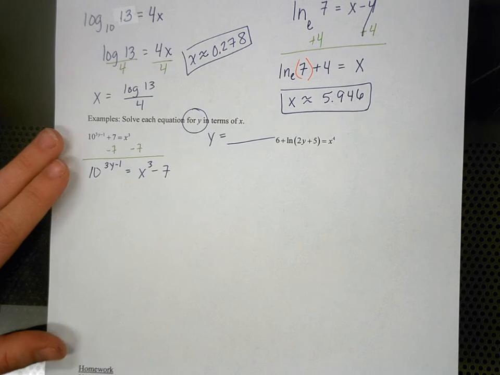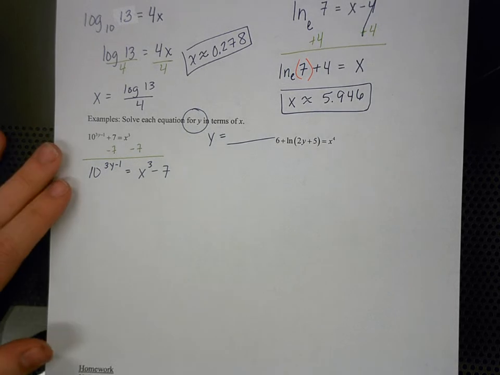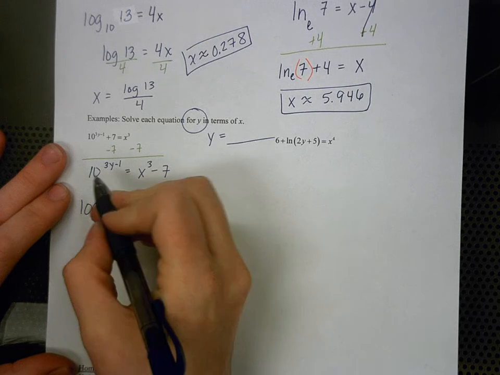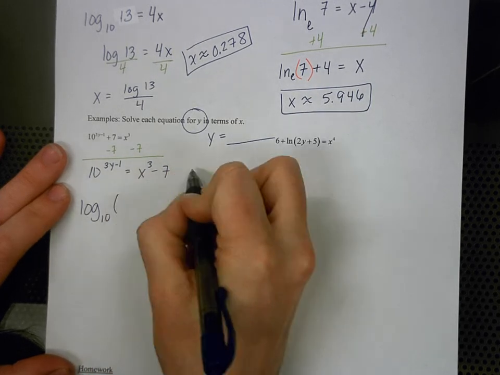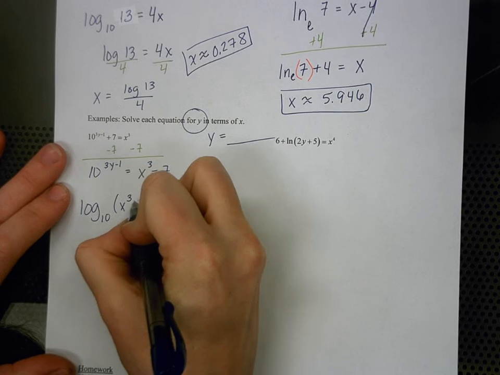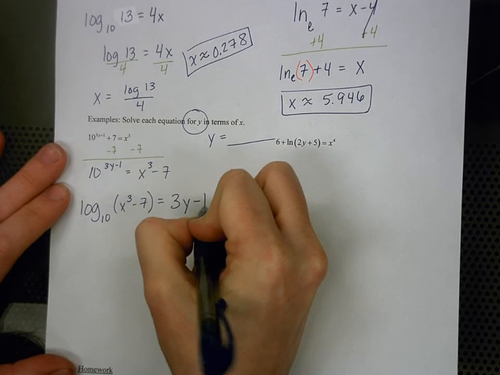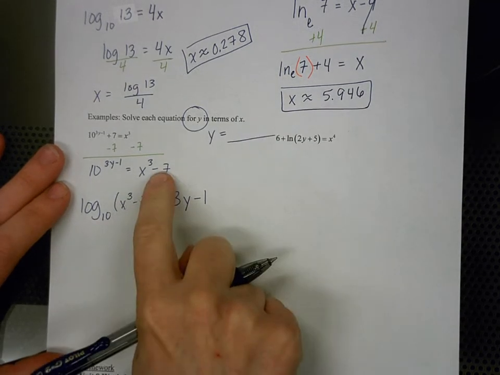Then we want to get y down from the exponent. So we take log base 10 of our answer equals our exponent. Answer is the right hand side, exponent comes from over there.